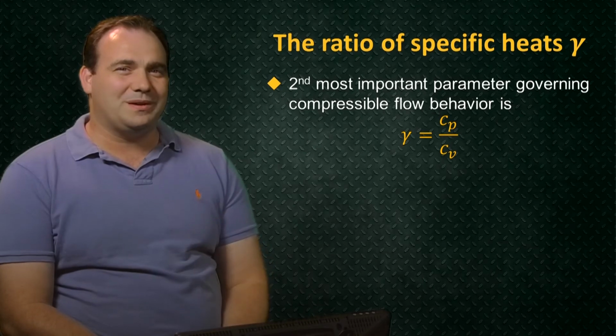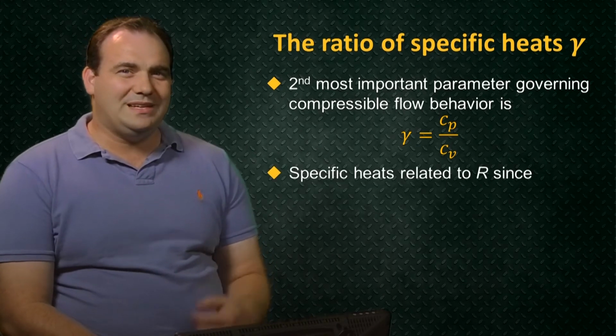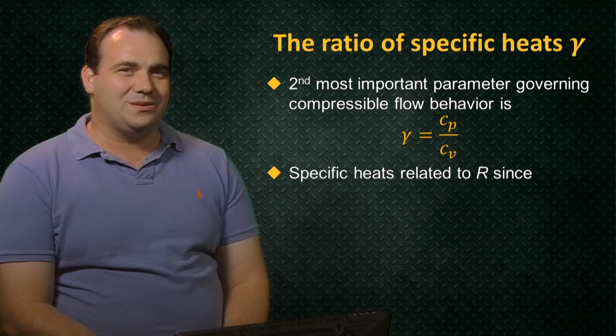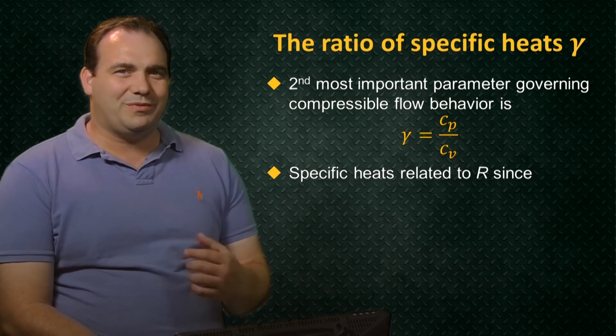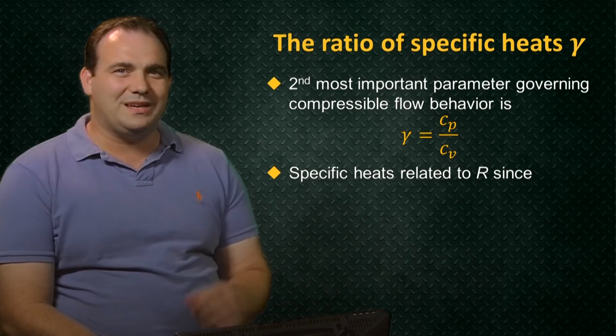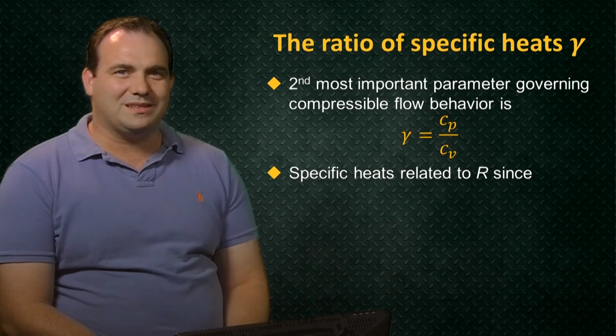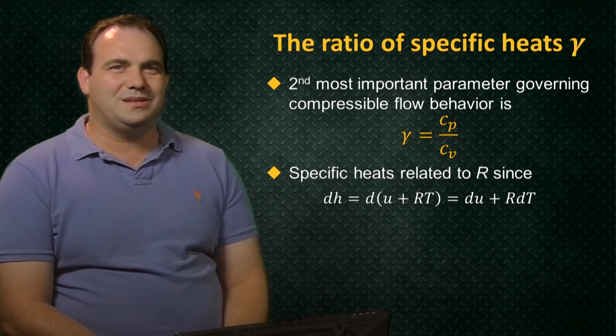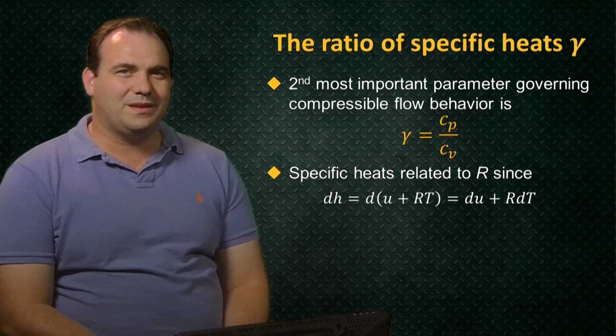The specific heats are also related to the gas constant R, since by definition the derivative of enthalpy is equal to the derivative of the internal energy plus RT, which is equal to dU plus R dT.